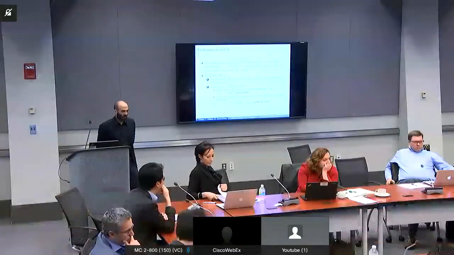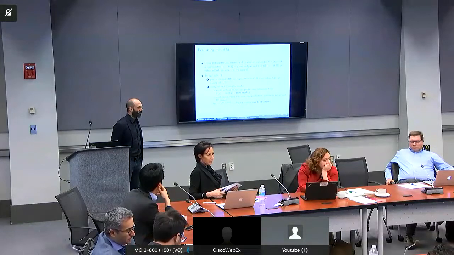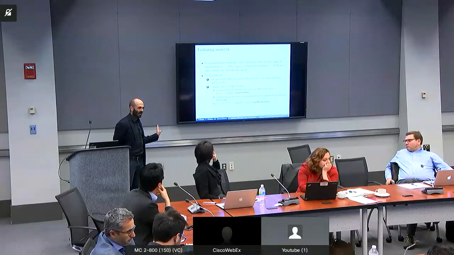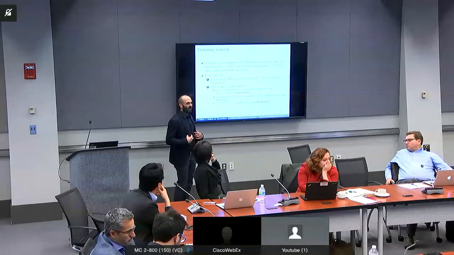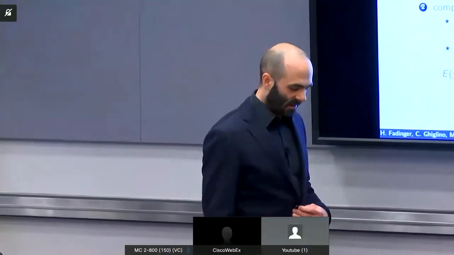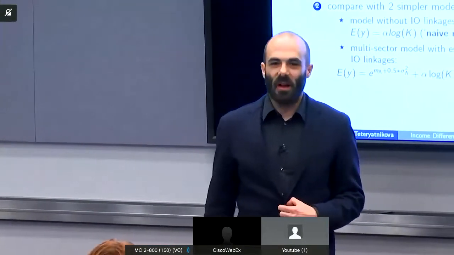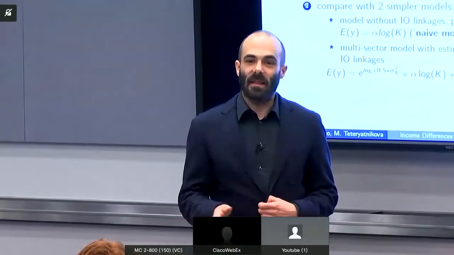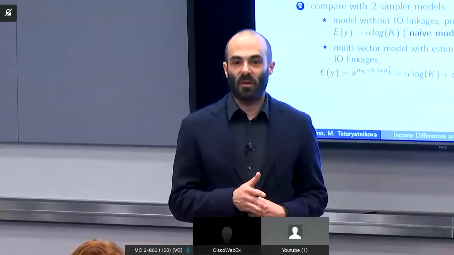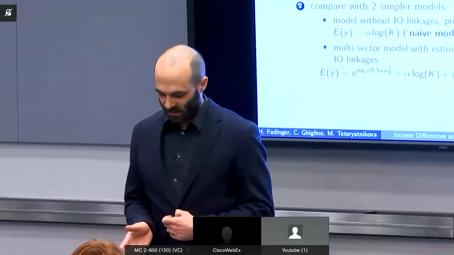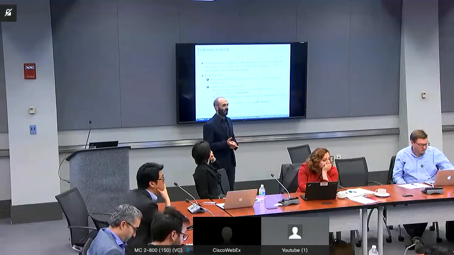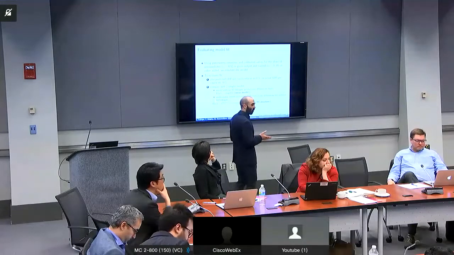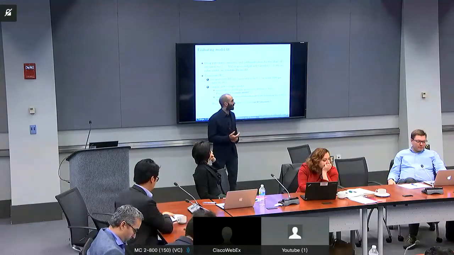Right. That's a very good question, actually. So as long as everything is Cobb-Douglas, all the input-output shares are exogenous. If I go away from Cobb-Douglas and say the elasticity of substitution, basically, between inputs is not equal to 1, then basically the input shares depend on the productivity. If the elasticity of substitution, for example, is larger than 1, you will spend more on sectors that are more productive because they will have lower prices.